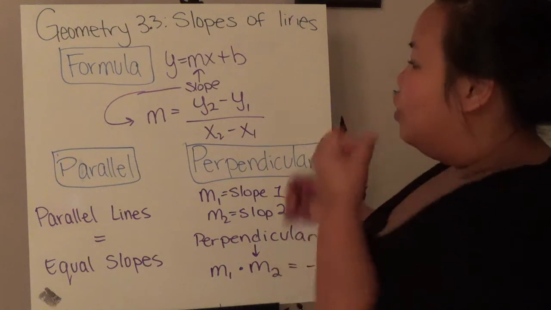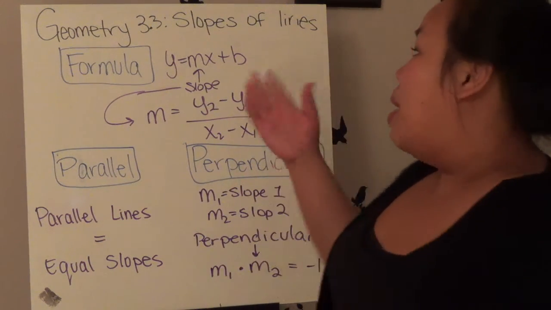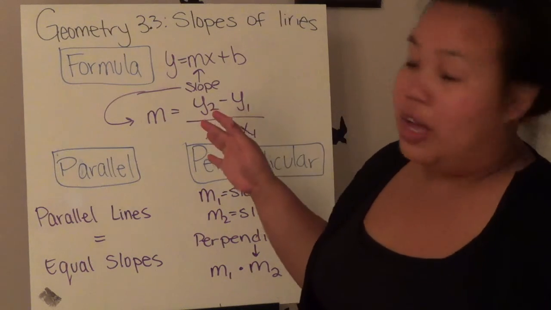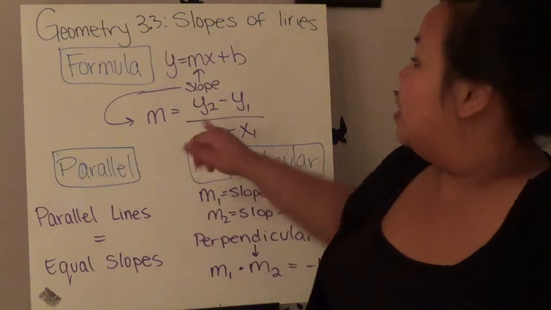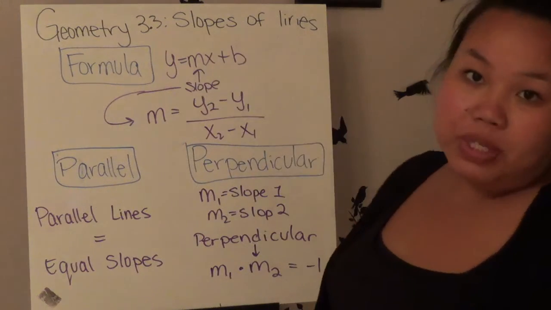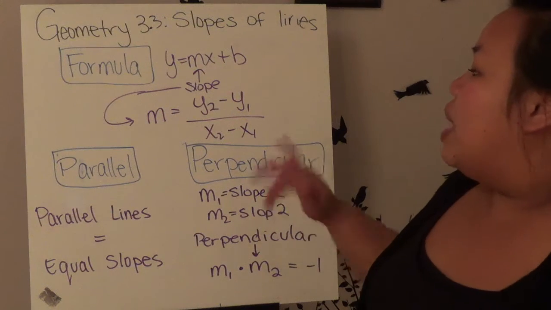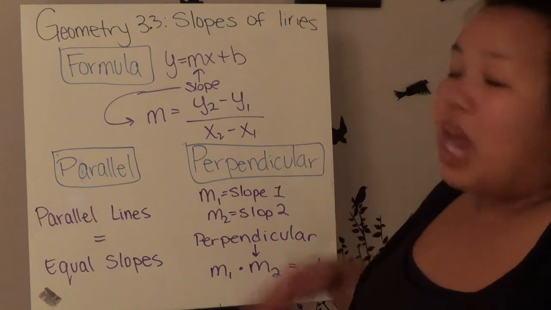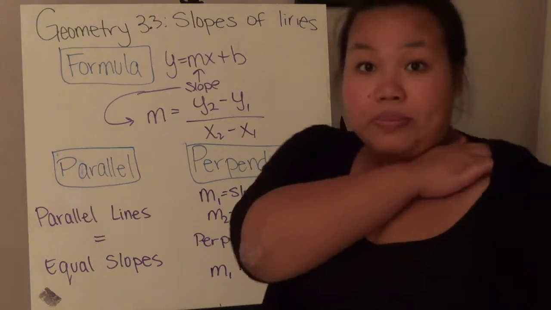When we do future testing, like in tests for other chapters, you'll probably be faced with these kinds of questions with slope. And slope is m in the y equals mx plus b equation. So what we're dealing with is being able to tell whether lines are parallel or perpendicular according to their slope.